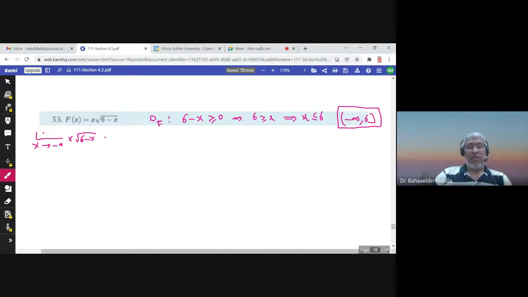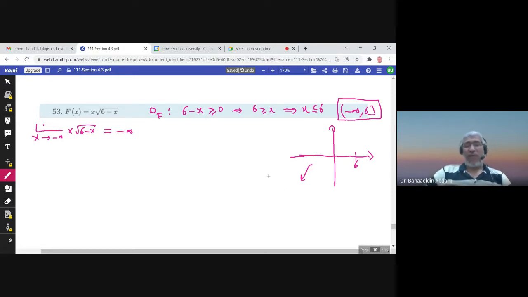So infinity times negative infinity is negative infinity. So that's important. I know now that the graph starts at 6 and at the end it goes to negative infinity from the left. That's excellent. And because of that, it has no horizontal asymptotes. I did not get a number.